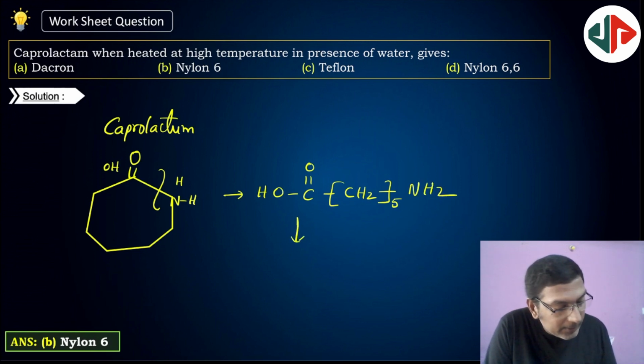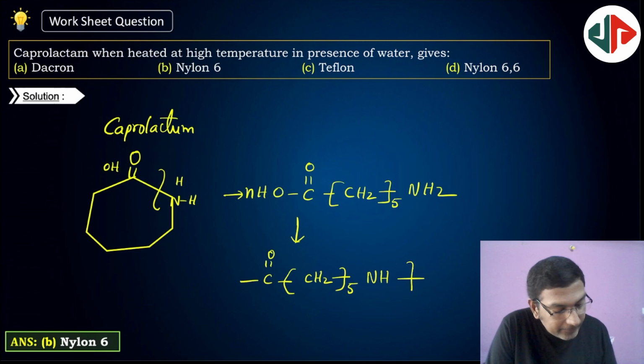On polymerization, CO, (CH2) 5 times, and NH. This will be the polymer, nylon 6.